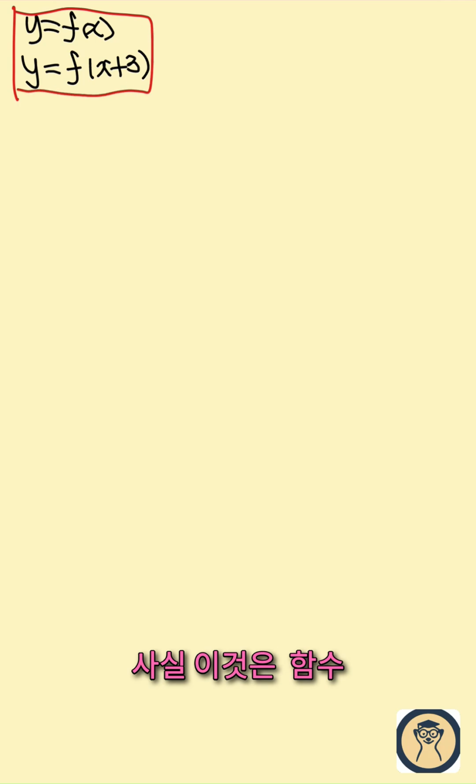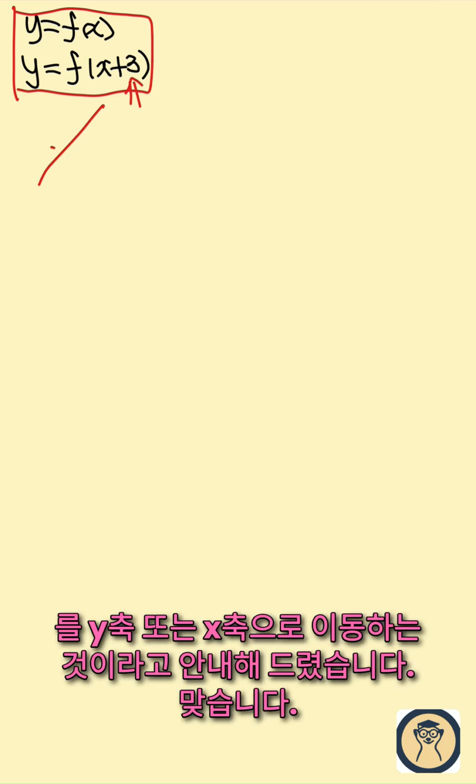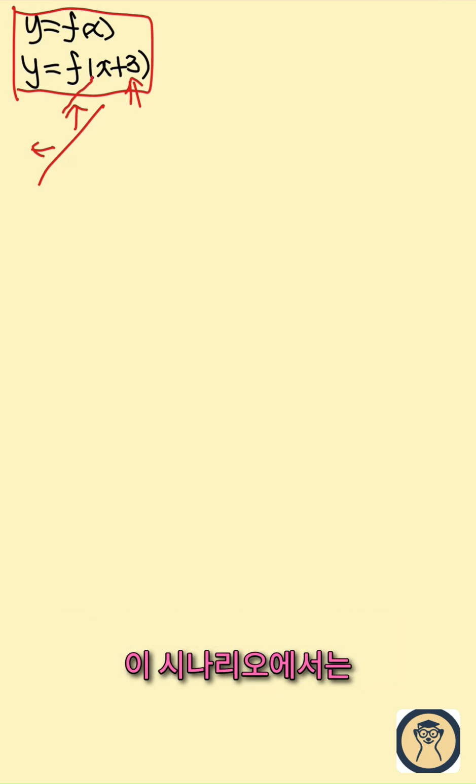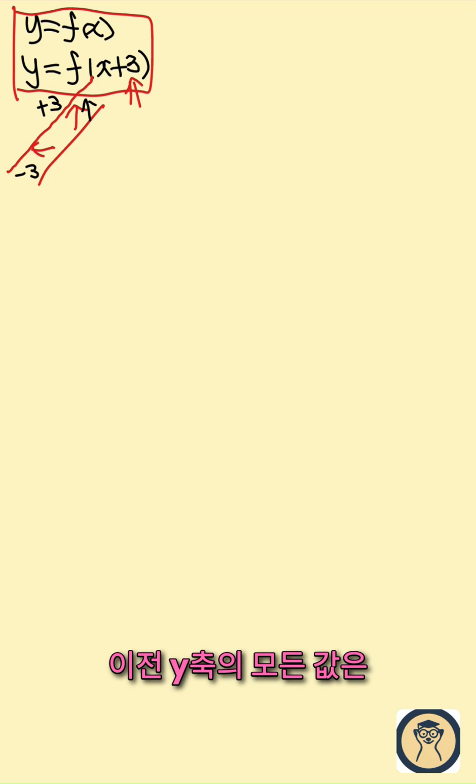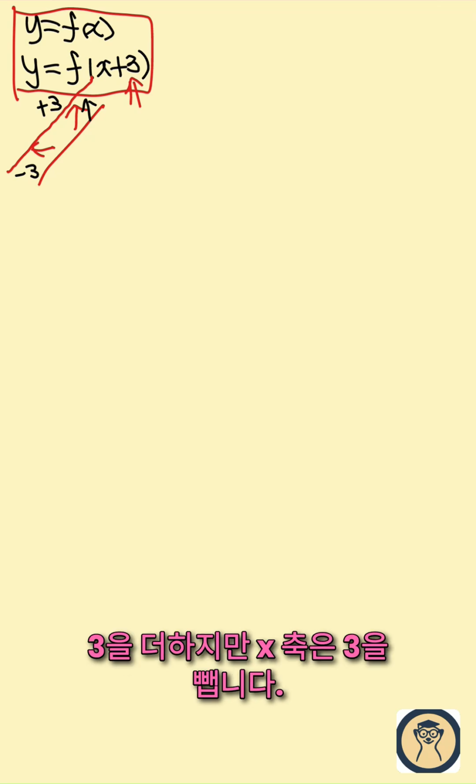I guided you that this is actually shifting or moving the linear function along the y-axis or x-axis, right? In this scenario, for the x-axis it is going to be -3, but for the y-axis it is going to be +3. All of the previous values of y are going to be added by 3, but for the x-axis it's going to be subtracted by 3.